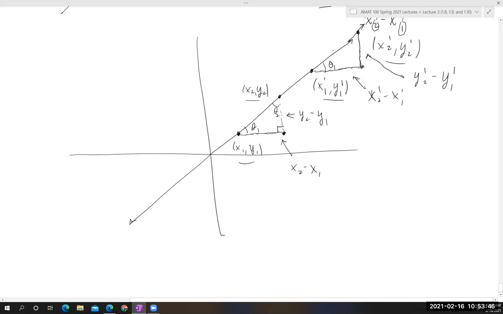The theta 1 and theta 2 might be different, but the corresponding angles are the same. So this theta 1 right here is the same as this theta 1, and this theta 2 is the same as this theta 2 up here. And of course, they both have this 90-degree angle right here. So the triangles are similar.